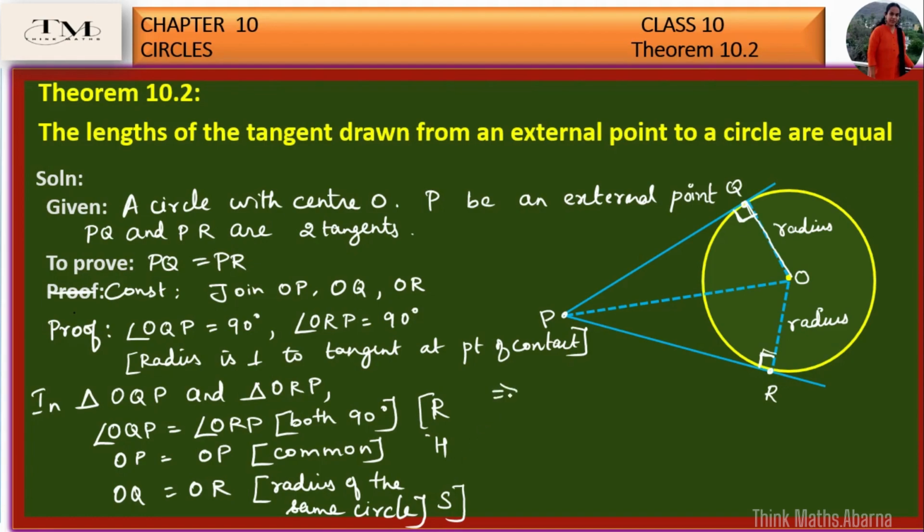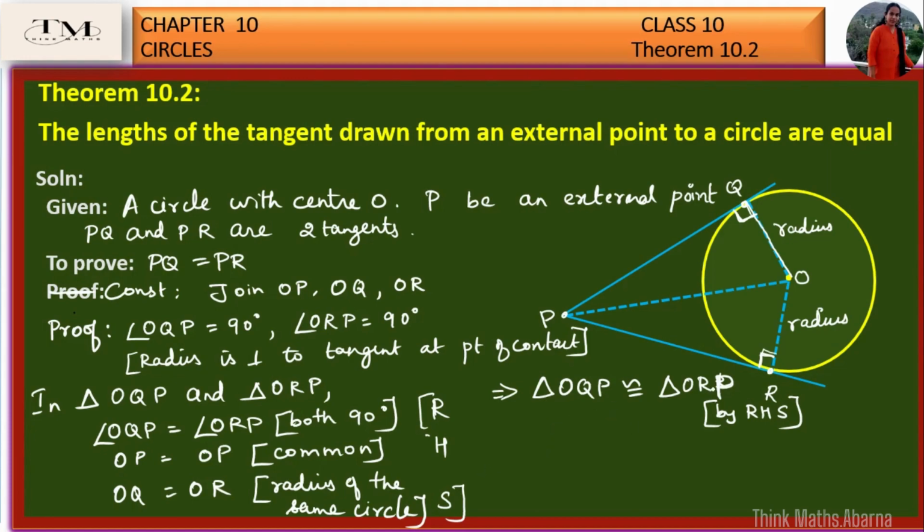So we can write triangle OQP is congruent to triangle ORP, by RHS. One is the right angle, another is the hypotenuse, another is a side. These three are equal.